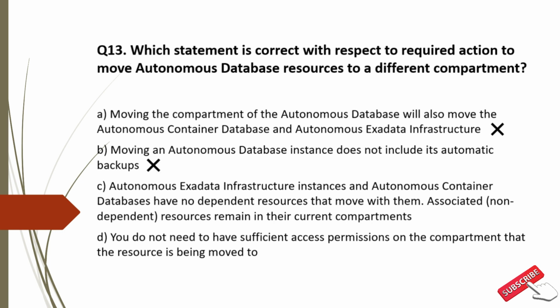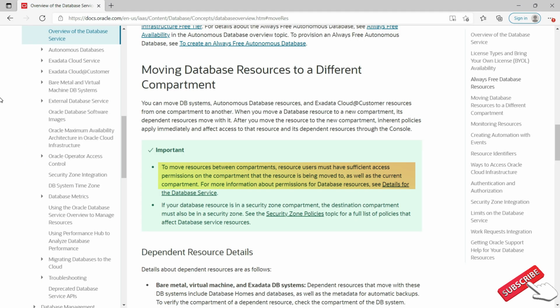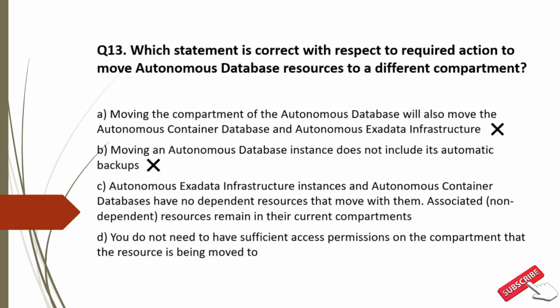Now first check option D. You do not need to have sufficient access permission on the compartment that the resource is being moved to. To move resources between compartments, the resource user must have sufficient access permission on the compartment that the resource is being moved to, as well as the current compartment. So option D is also incorrect.